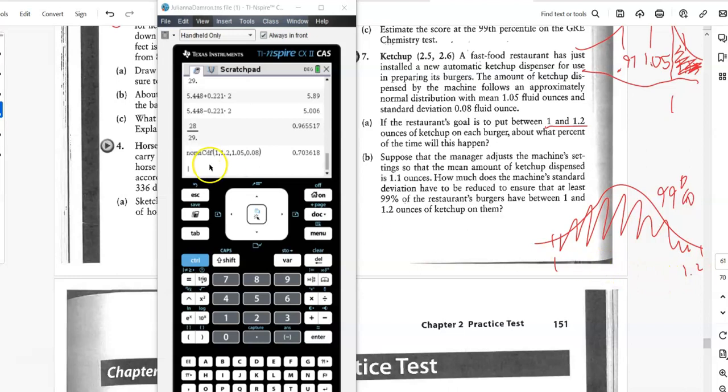Let me try this. So let's go inverse norm. Menu 6.5, whoops, sorry about that. Menu 6.5.3 is inverse norm. So we think it's 0.01 to the left of that. The mean, I think, was 1.05. Standard deviation 0.08.